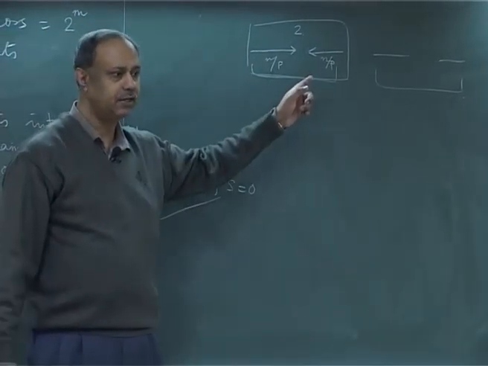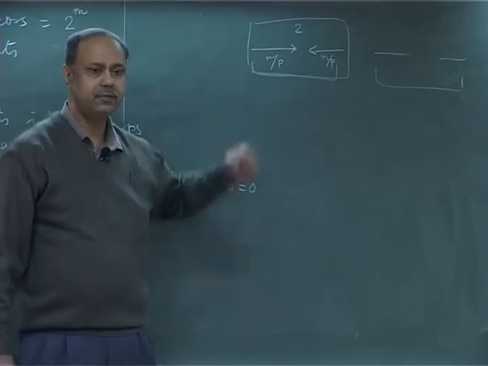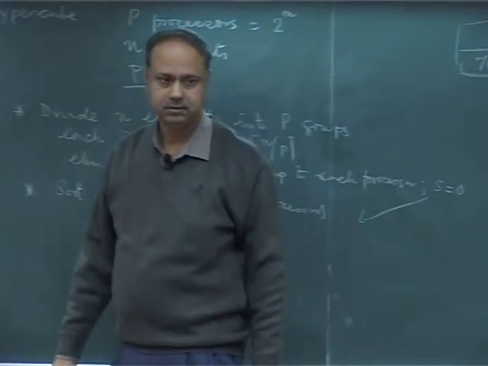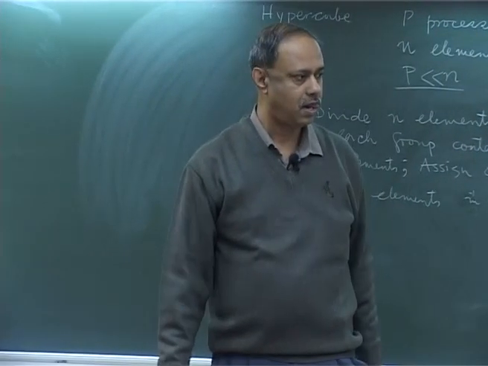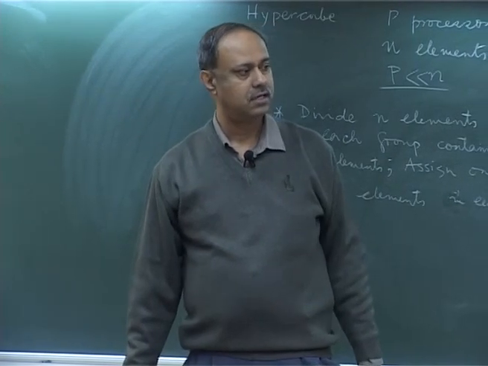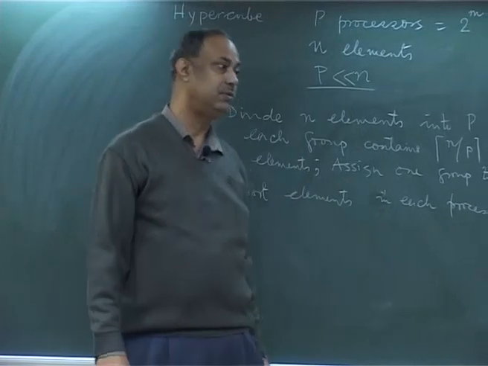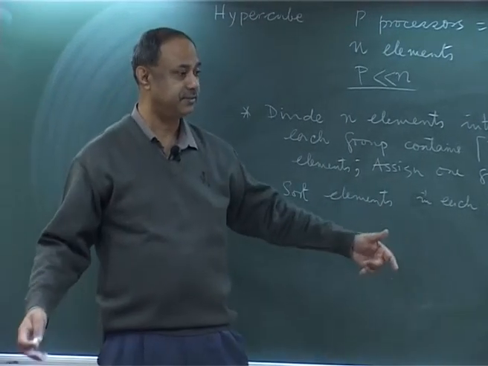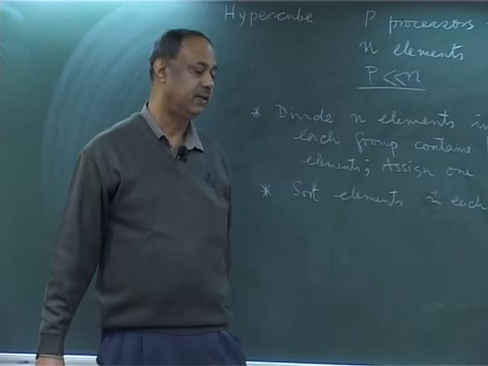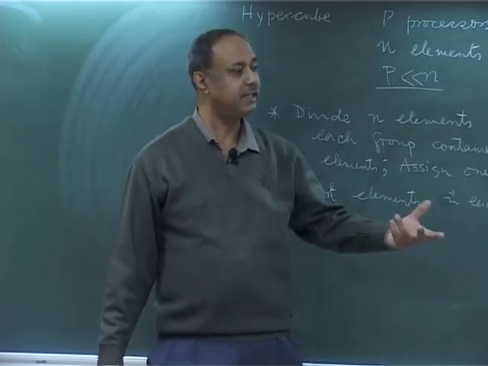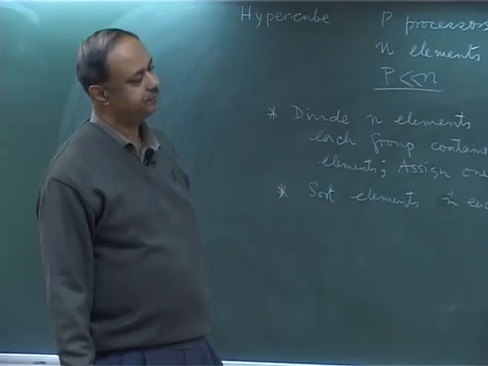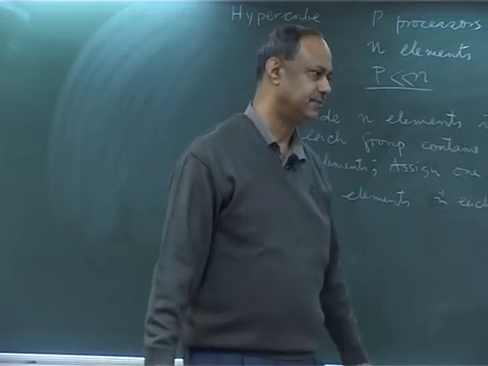This is two processors, agreed or not? Now I want to merge it. No, there are n/p registers. Not in one register. One register can take only one element. N/p registers. Yes, yes.